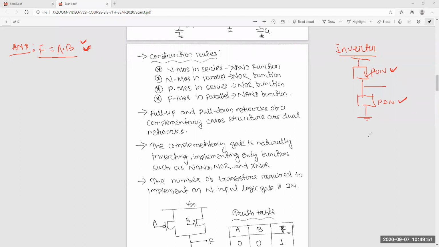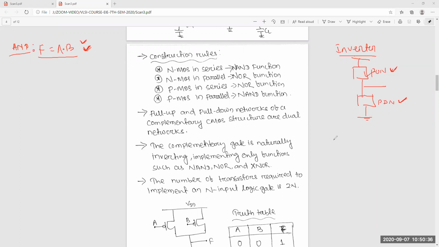Okay, which device will be here and which device will be here? There will be PMOS and NMOS respectively.